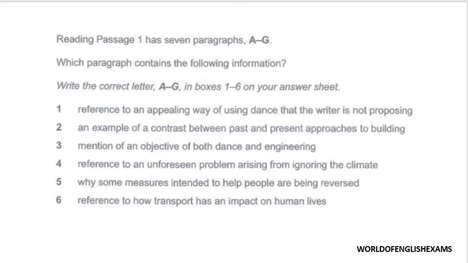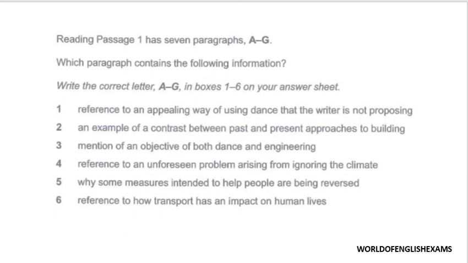So the first statement: reference to an appealing way. Appealing is nothing but everybody is convinced, so a satisfiable way. Reference to an appealing way of using dance that the writer is not proposing. Which means that there is a way to use dance.